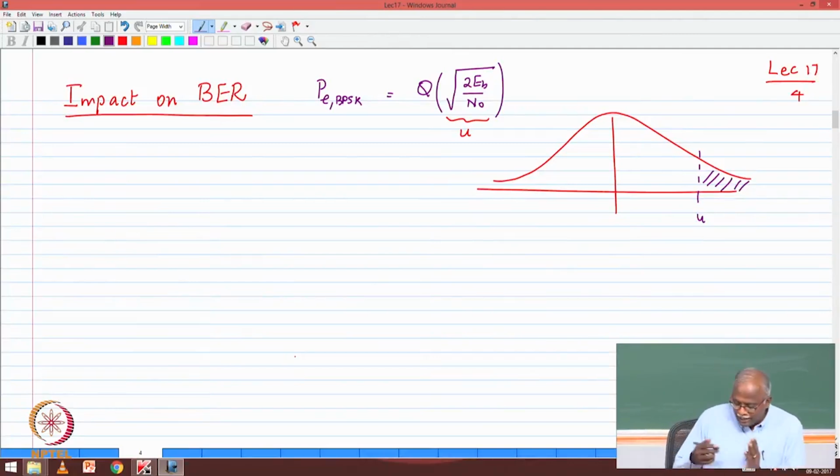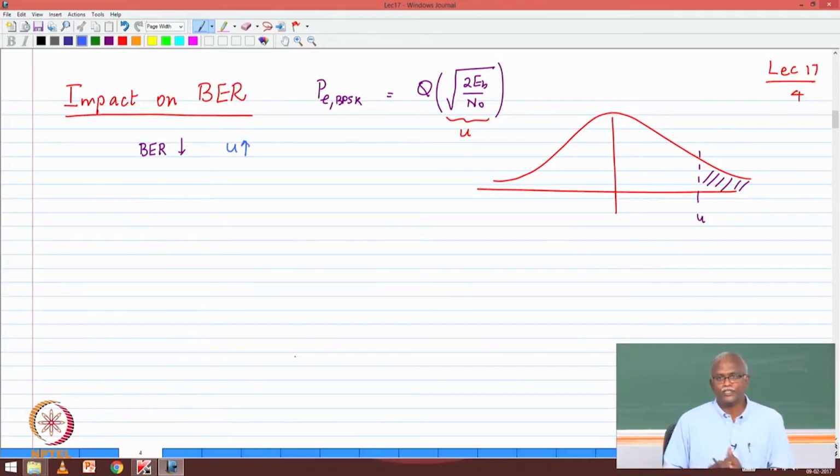Therefore, the natural way to interpret this result is that if I want the BER to decrease, my U should increase. So I should find ways to improve my signal to noise ratio. The more U increases, the BER is going to decrease.